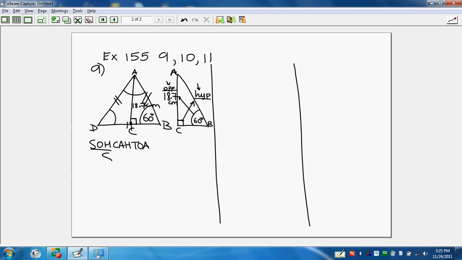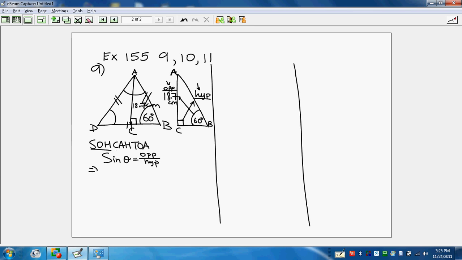So we'll say sine theta is equal to opposite over hypotenuse. In this case, theta is 60.